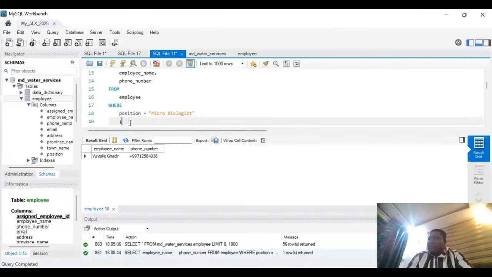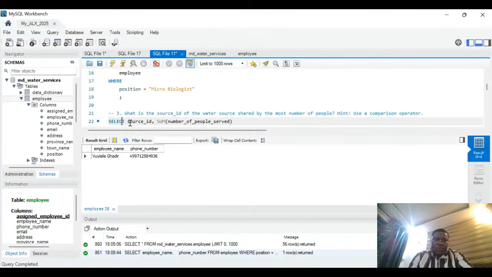I'm moving to question number 3, like I said. What is the source ID of the water source shared by the most number of people?